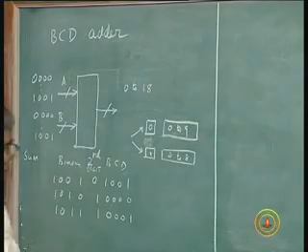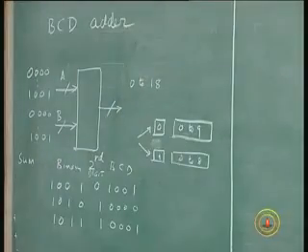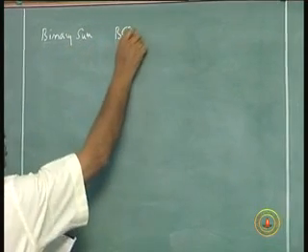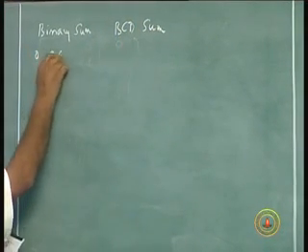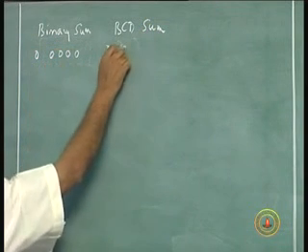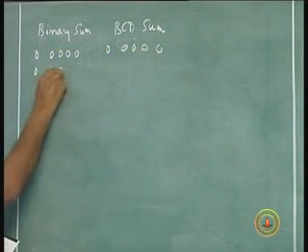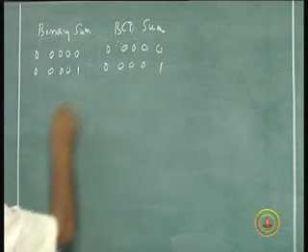If you want to write the full truth table for this binary sum, BCD sum, you can complete this table yourself. I will just tell you what it is. Up to 9 there is no problem.